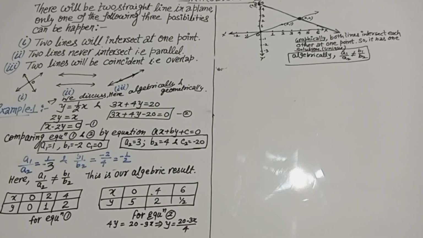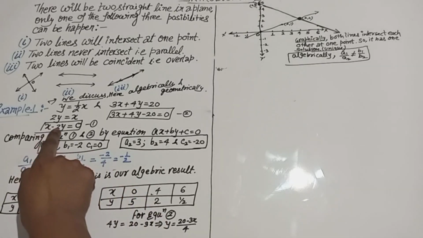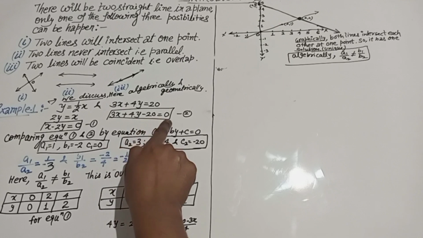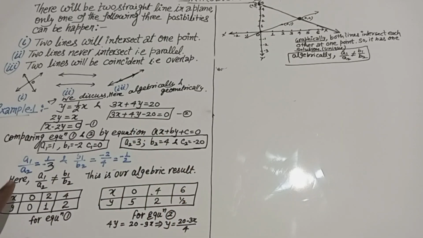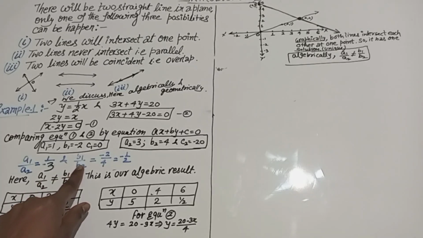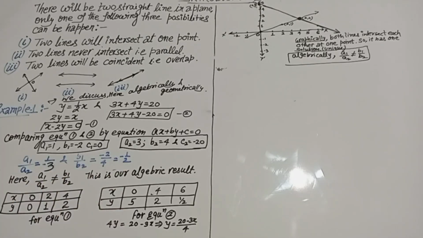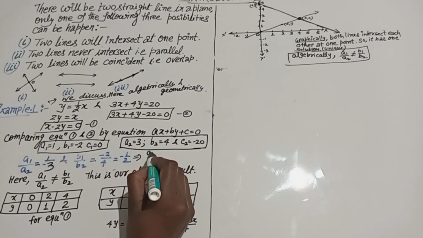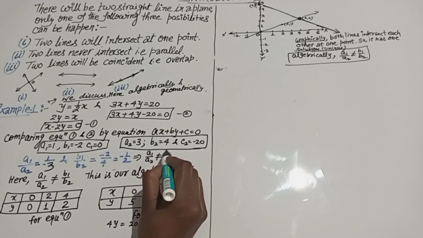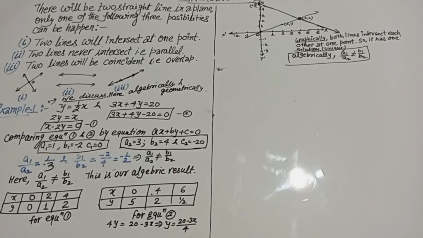What we have observed from example 1, x minus 2y is equal to 0 and 3x plus 4y minus 20 is equal to 0, is that algebraically the ratio a1 upon a2 is not equal to b1 upon b2. So this is the algebraic result.